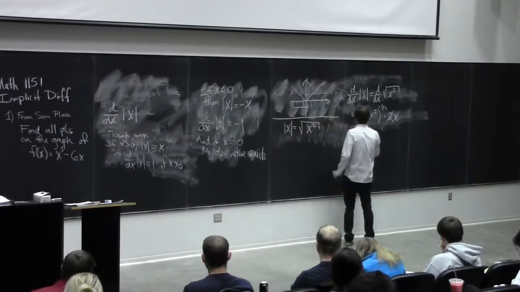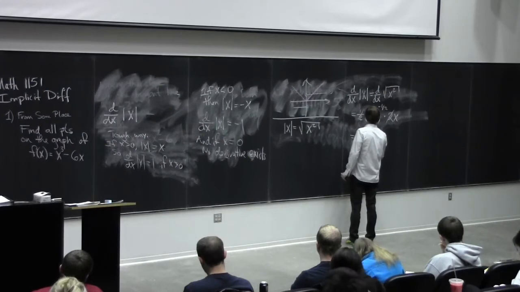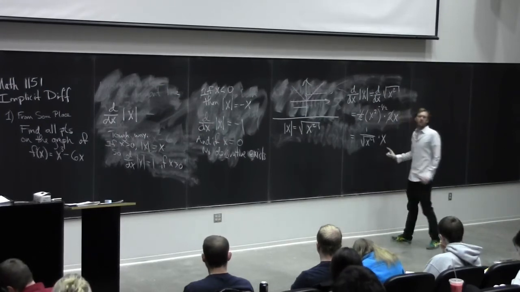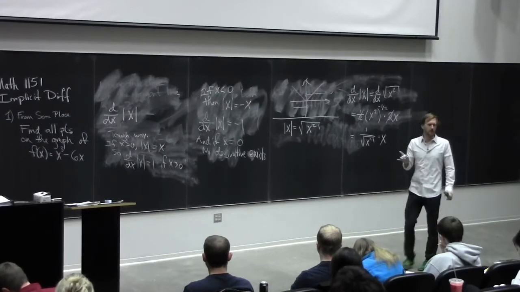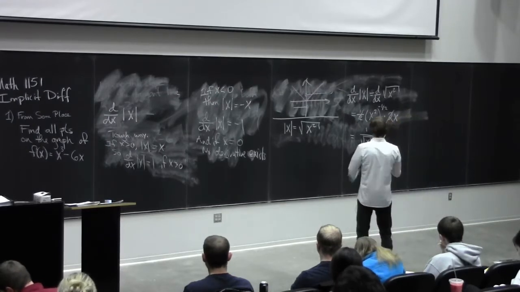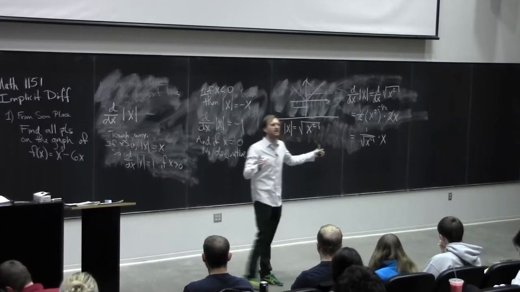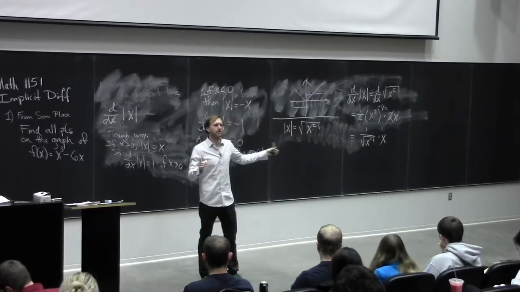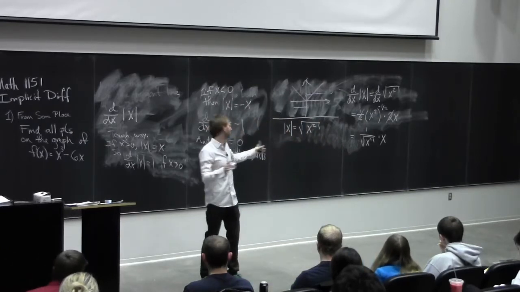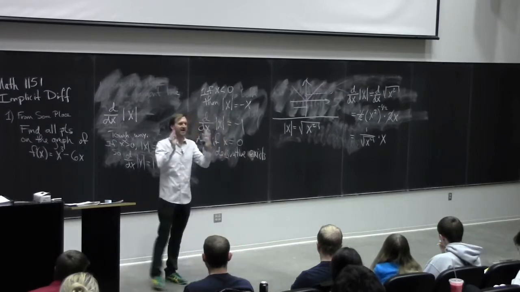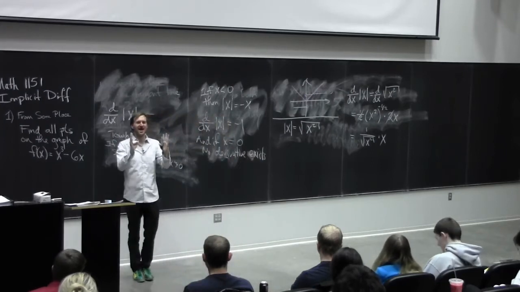So this is equal to 1 over the square root of x squared, times x, right? What's the square root of x squared? What's another way of writing that? Careful. Absolute value of x. You want to say it's x.